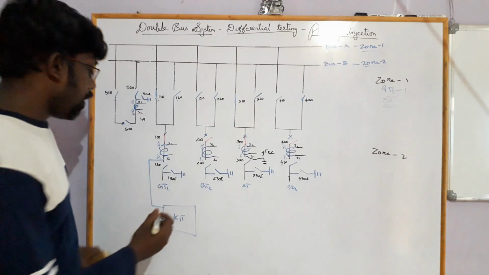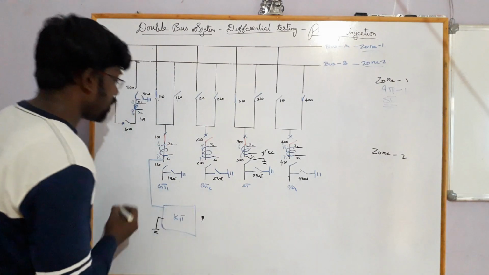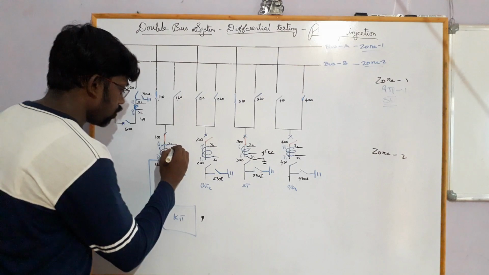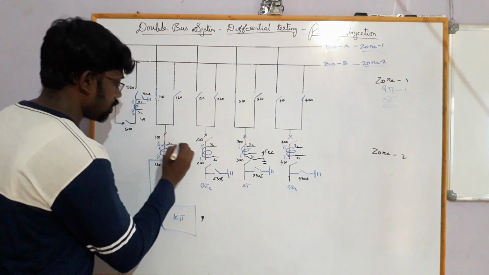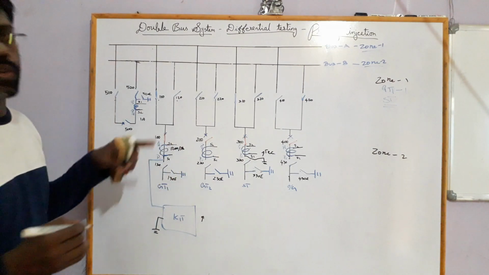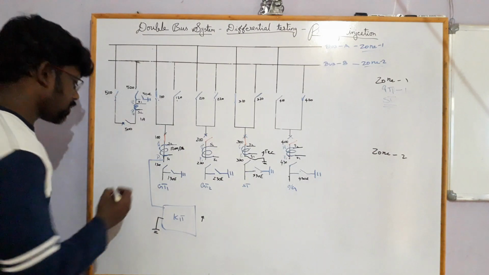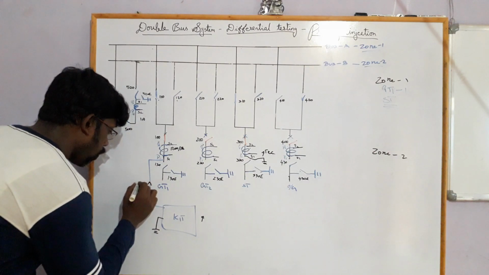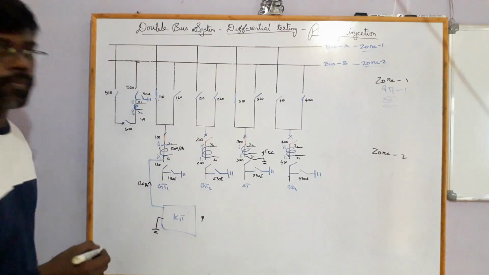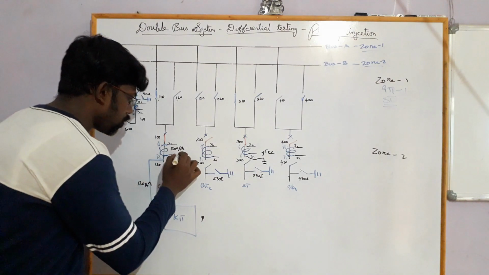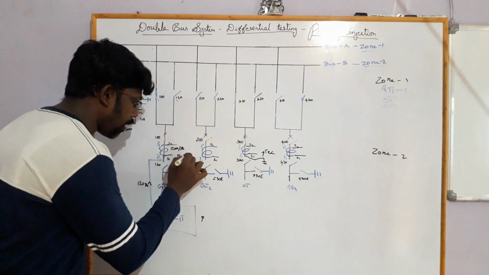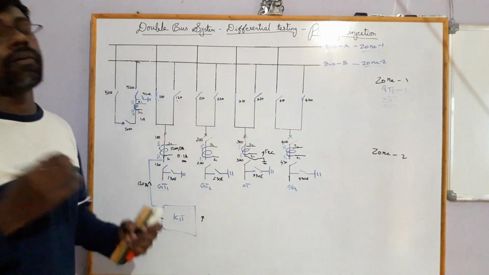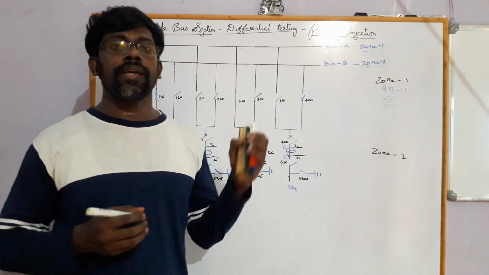Fine. When you are going to inject current, let us consider the CT ratio is 1200 per 1 amp, and I am injecting 120 amps. Now the CT secondary is only capable of producing 0.1 amps, but our relay settings for the differential pickup will be much higher than this.